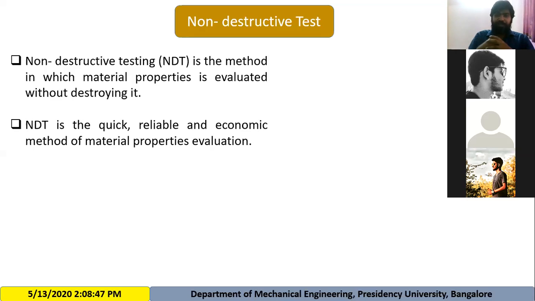First you have to prepare the sample according to the ASTM standard, then load the sample, then apply the load, and then wait for the stress-strain curve to get plotted. Finally, from that graph you will be able to predict the yield strength, tensile strength or other associated properties. Here in NDT such involvement is not there. It can quickly predict the material properties.